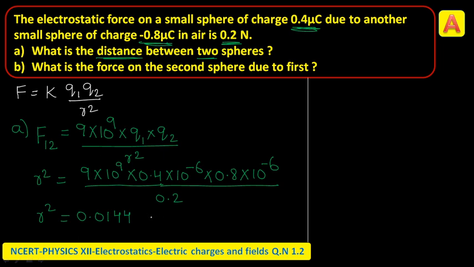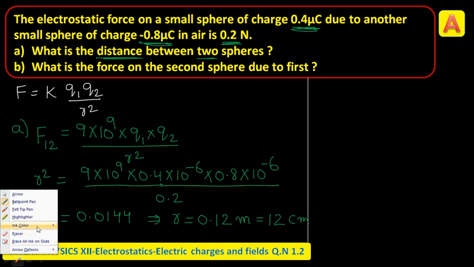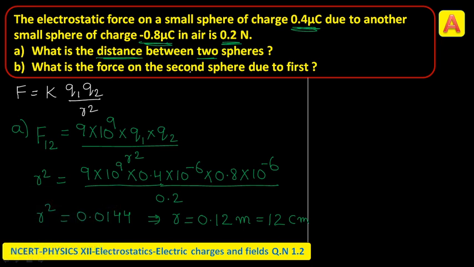So from this R is equal to 0.12 meters, which, if we convert meters into centimeters, is 12 centimeters.